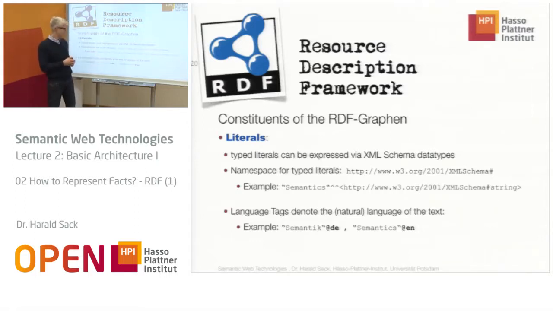So for example, if I'm referring to the English language, it's EN, or if I'm referring to the German language, Deutsch, it's DE. So pretty simple. So let's keep in mind literals are usually strings or can have data types that can be expressed via XML schema data types. And on the other hand, strings might be given in different languages that can be denoted via a language tag.